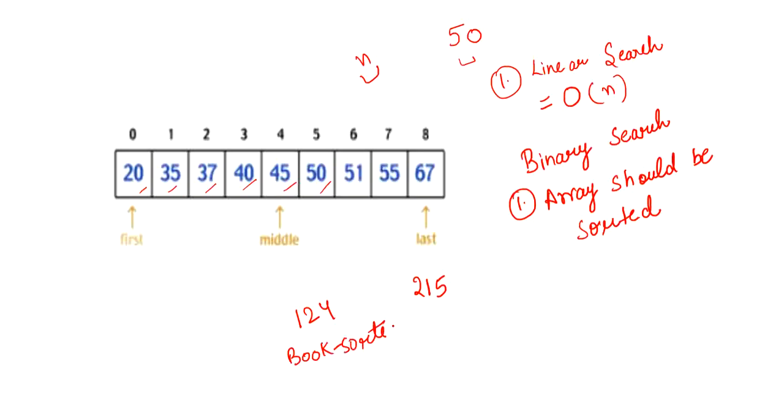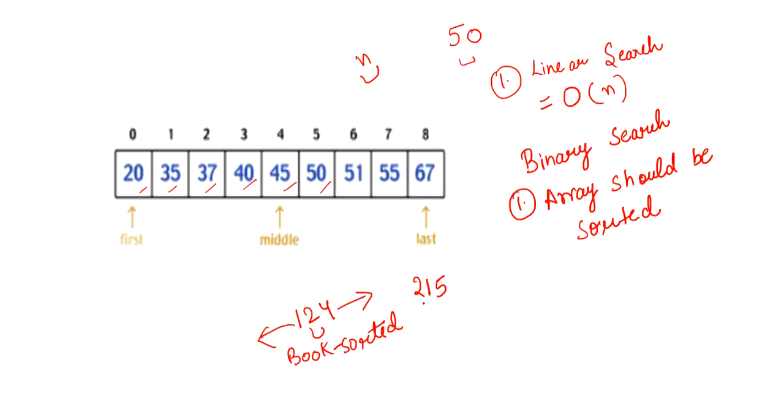So for sure you won't move to the left of 124. Obviously you will move to the right. So what you have done is reduced your efforts. You are not going through each and every page of the book, which is obviously a very hectic process. You know that all the pages in a book are sorted. So when you randomly came to this page number, you will move to the right.